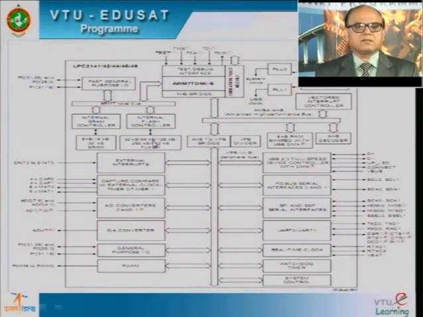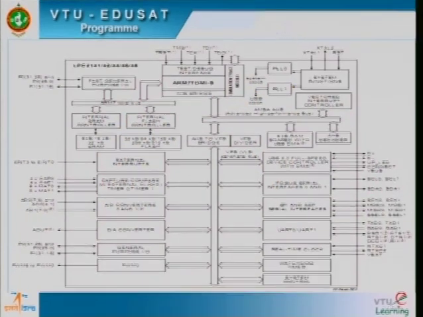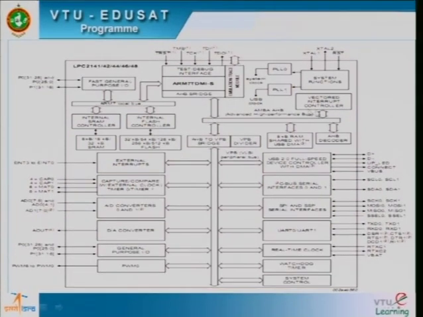In more detail, let us see the various components of a specific example of an ARM processor. Here I have a vectored interrupt controller, and this is the exact ARM core.